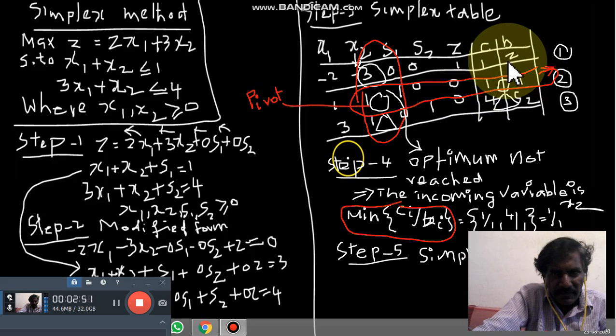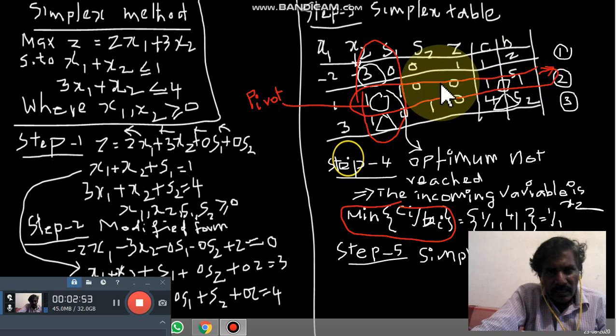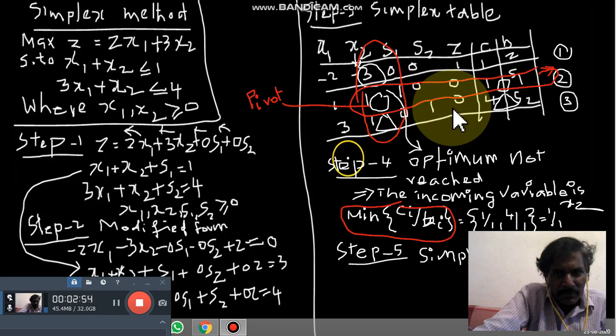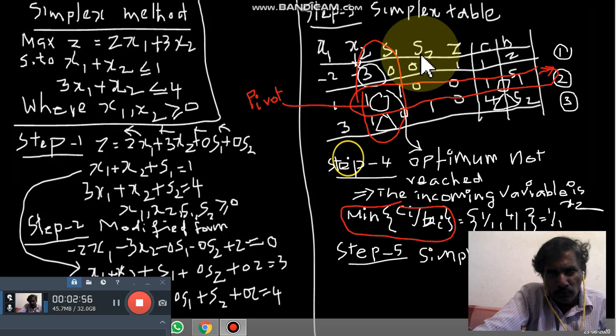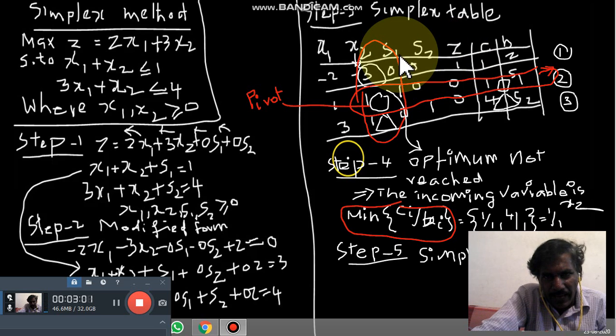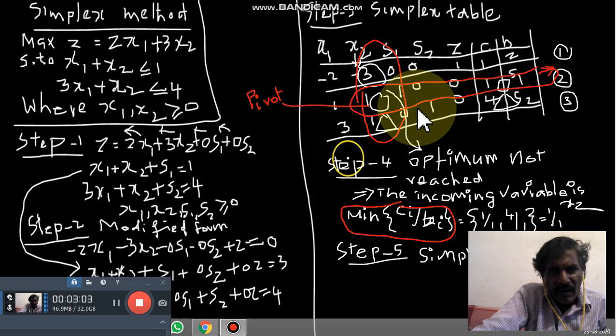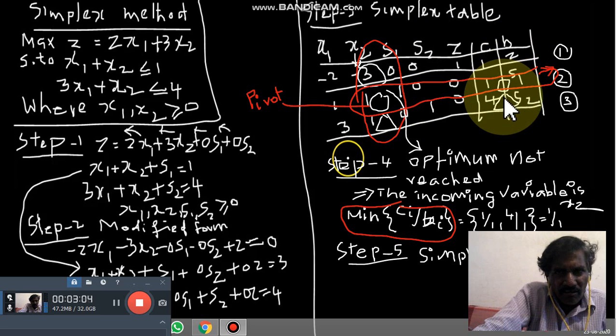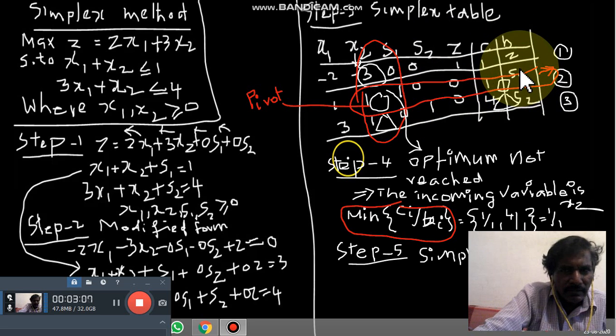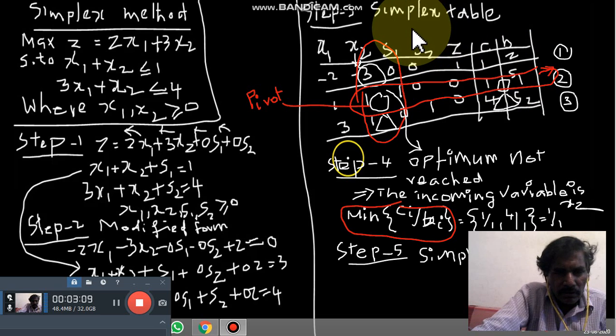And the basic variables, look at that, some variables are in canonical form: s2, z, and s1. So these are in canonical form. Those are called basic variables. This is the third step.